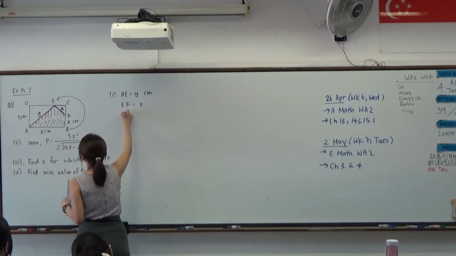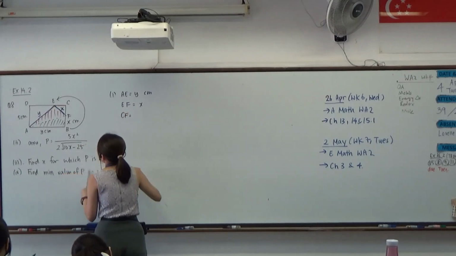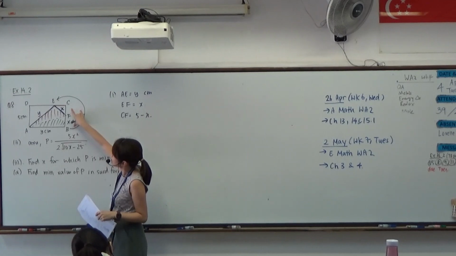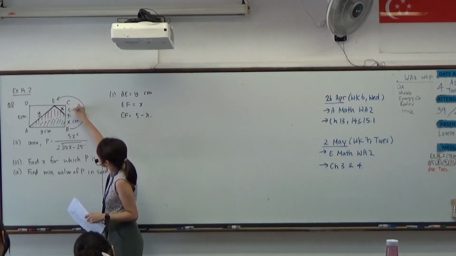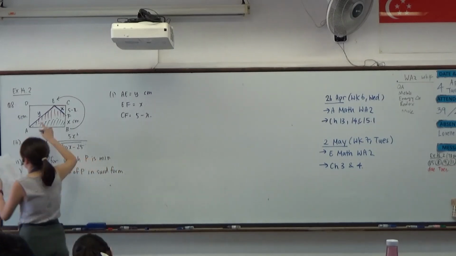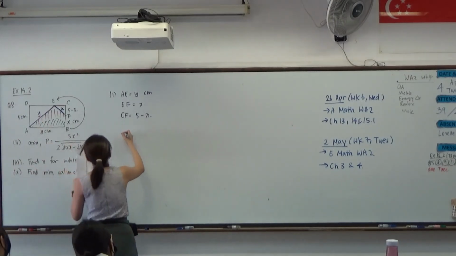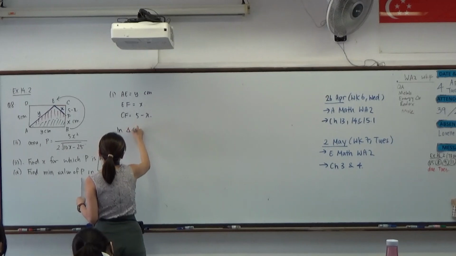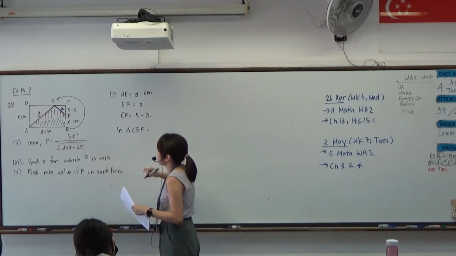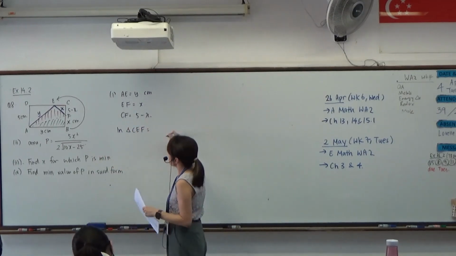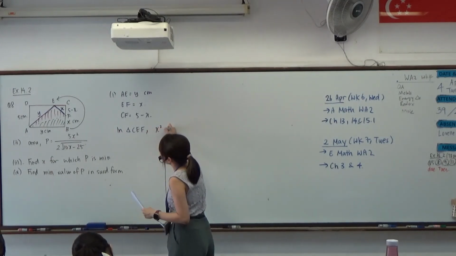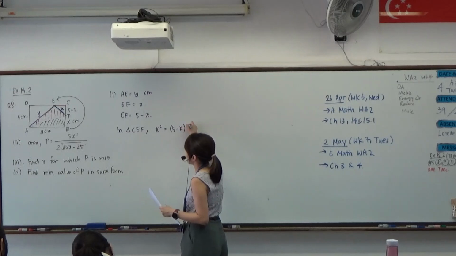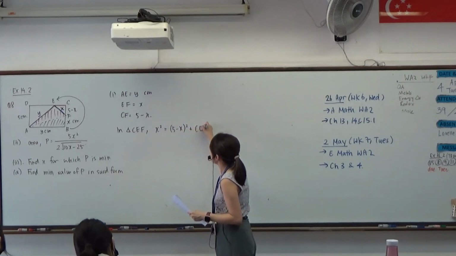Then after that, CF is actually also equal to 5 minus x, because this entire thing is a rectangle. Down here is 5, CF minus 3x, so this part here will be 5 minus x. And then in your triangle CEF, which is a right angle triangle, I will be able to see that x squared equals (5 minus x) squared plus CE squared.